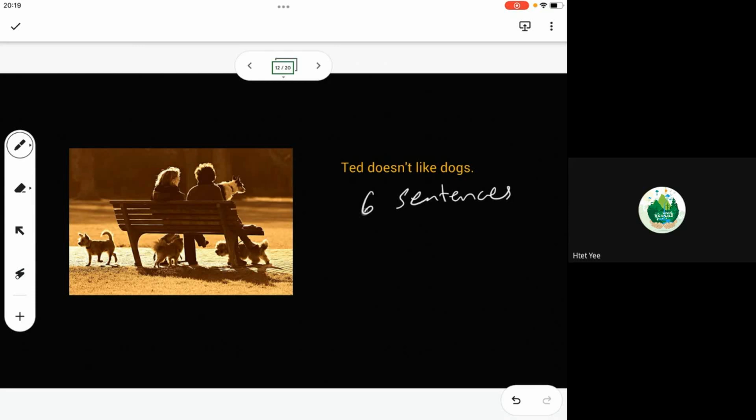The hair annoying. He doesn't like pets because it is annoying him. It annoys him when their hair is lost.